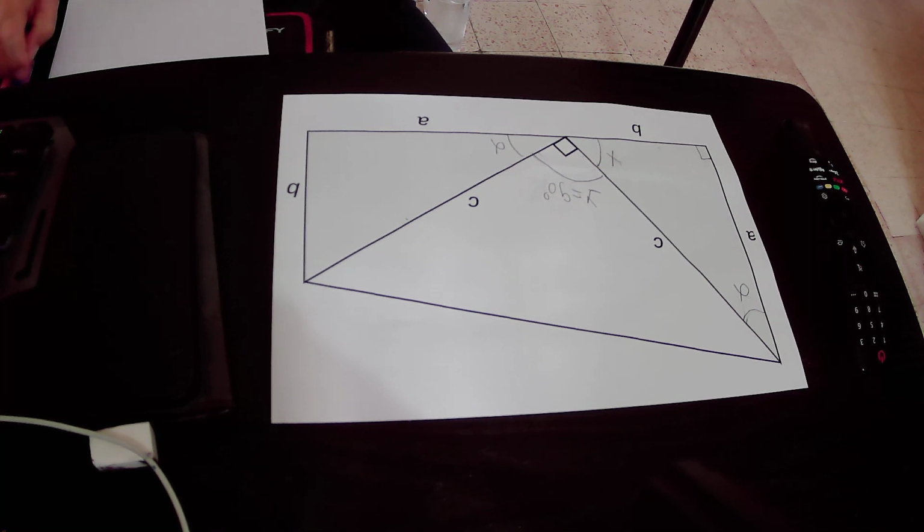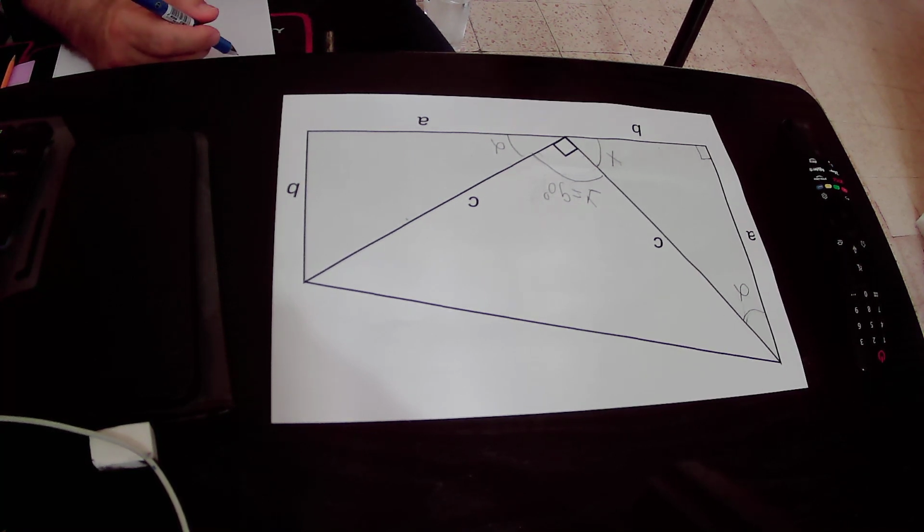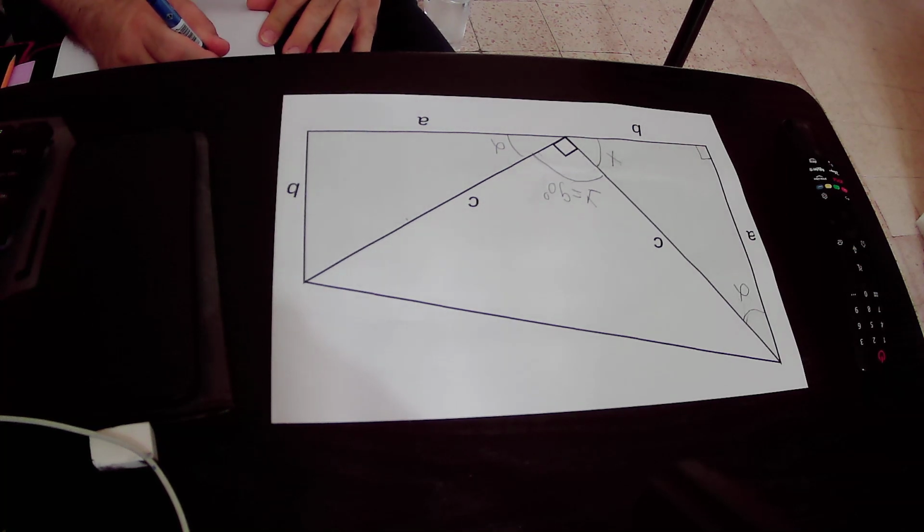Okay, so we will calculate the area of this trapeze in the first way.